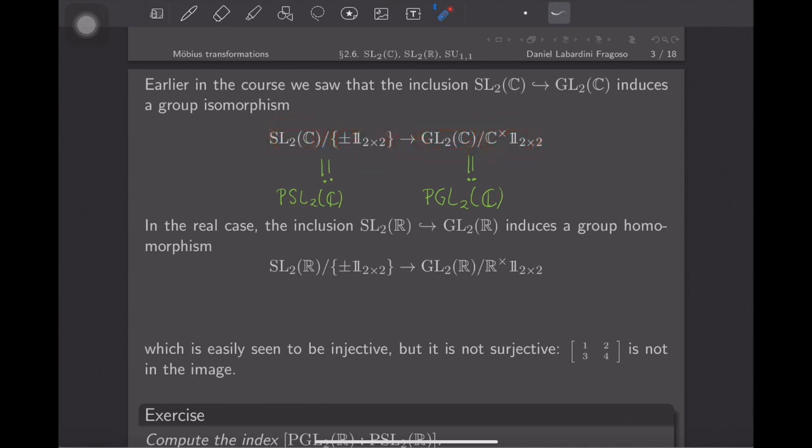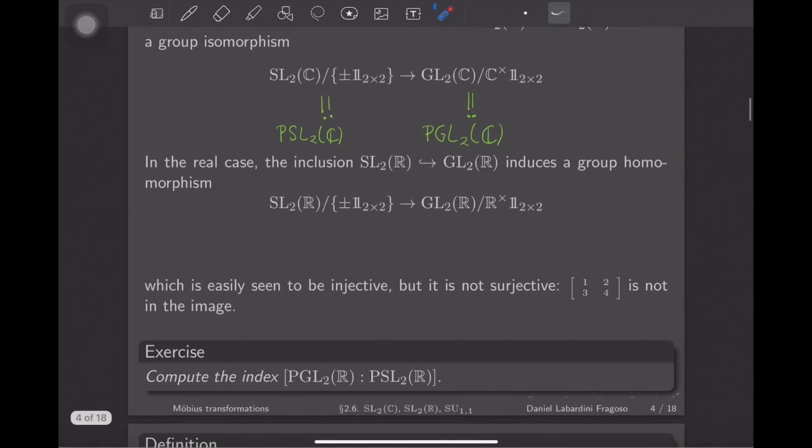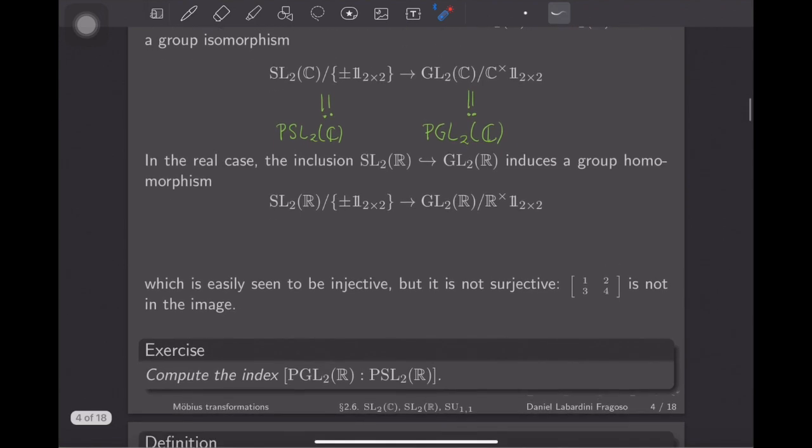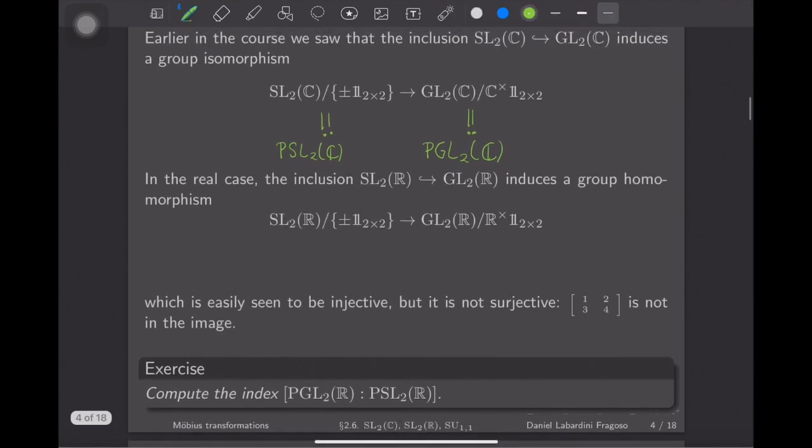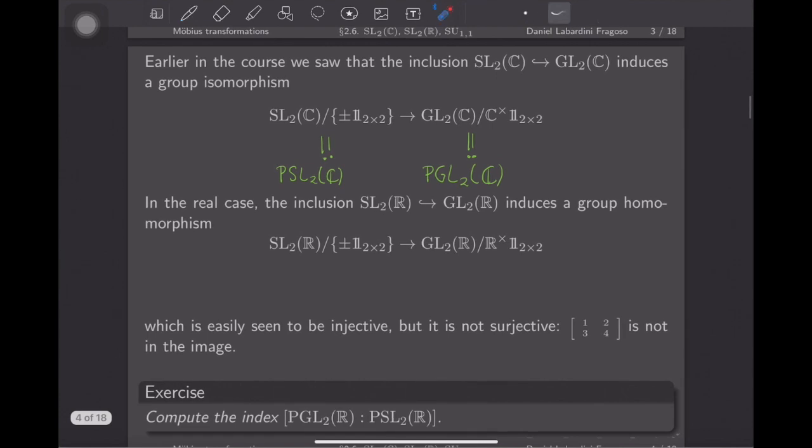So the notation really is, I take the group and then I take P of the group. Okay, so that's the projective special linear group, the projective general linear group, and these are really kind of the same group. Right? These are isomorphic with the isomorphism induced just by the inclusion. Okay, so these are essentially the same group.